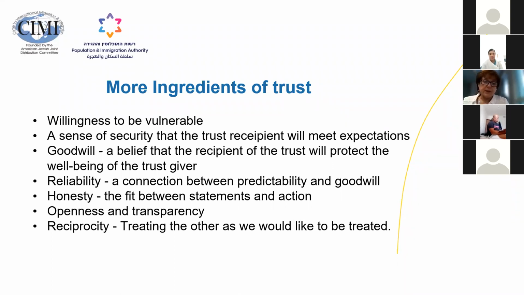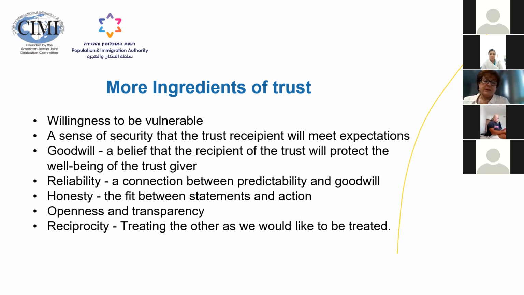And reliability, connection between predictability and goodwill. Yes, to be reliable is very important, right? They have to trust that you're going to make sure they get their medicine, their food, everything else that they need. They can rely on you. Honesty, needless to say, you must be honest.